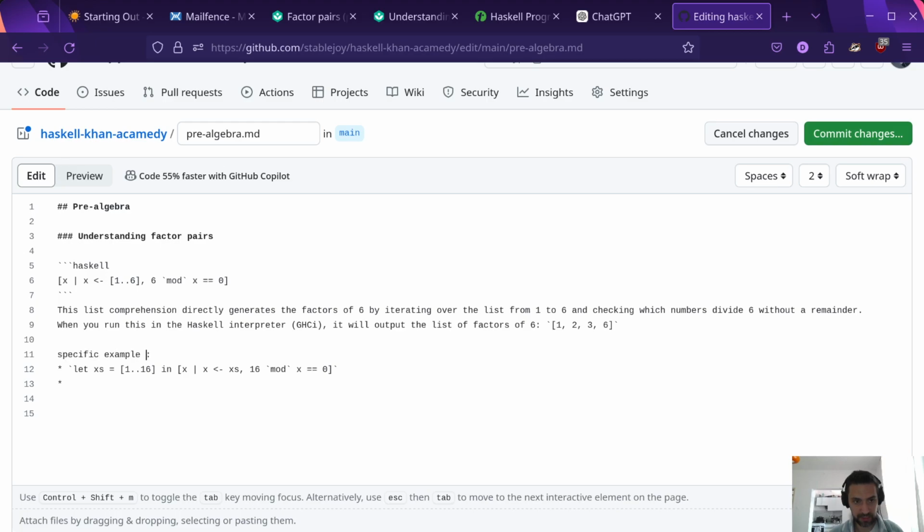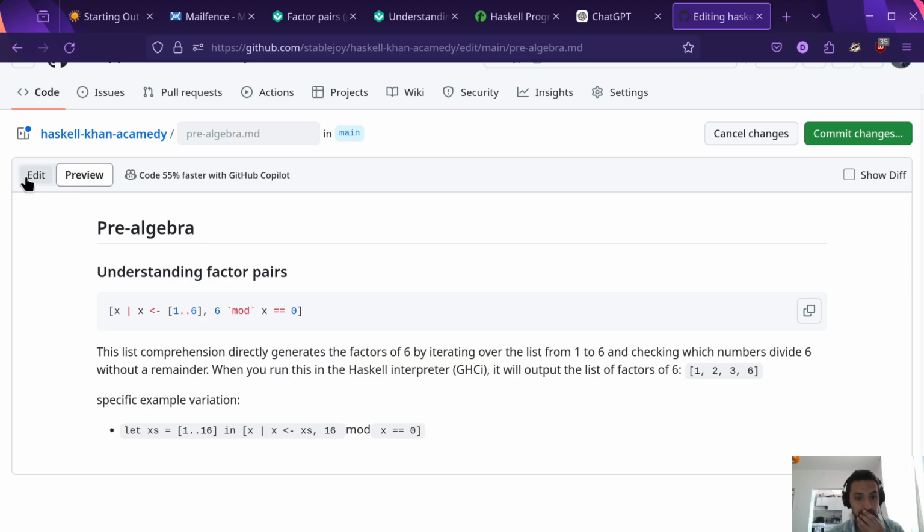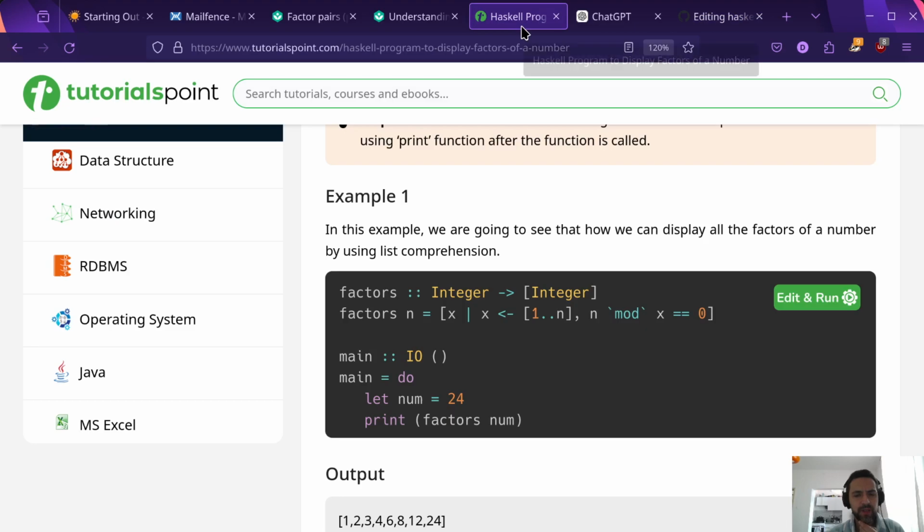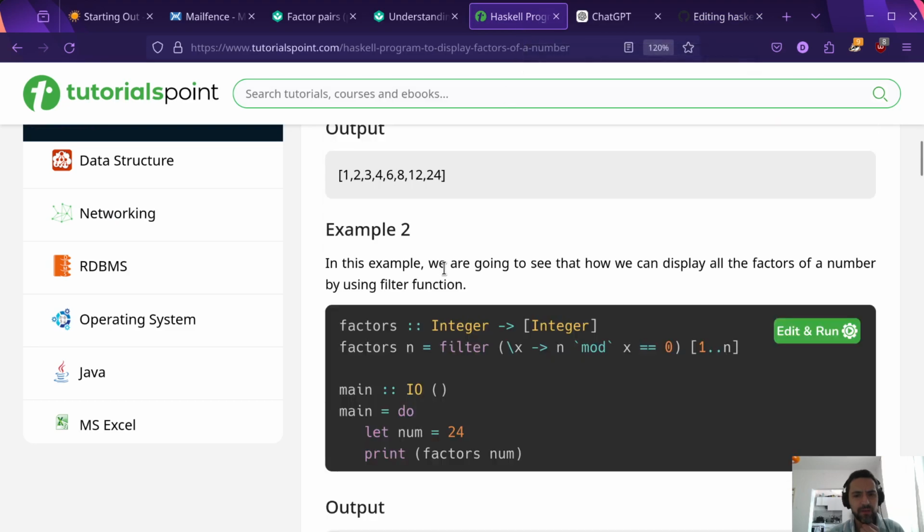Specific variation. Yeah. Well, I think that's enough.